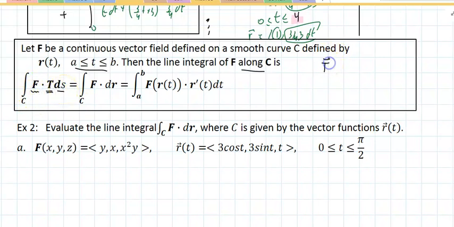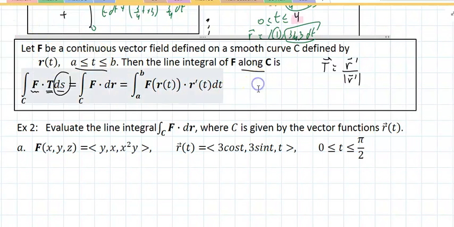Keep in mind the tangent is r prime divided by the magnitude of r prime, and ds is the magnitude of r prime of t dt.